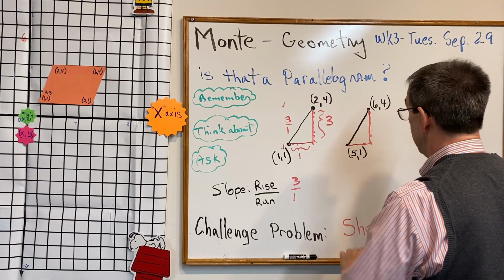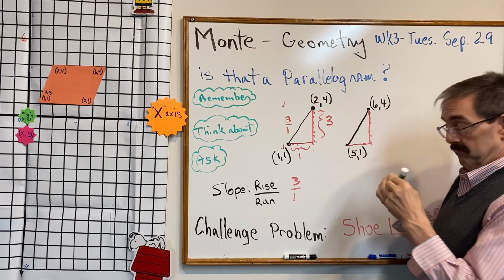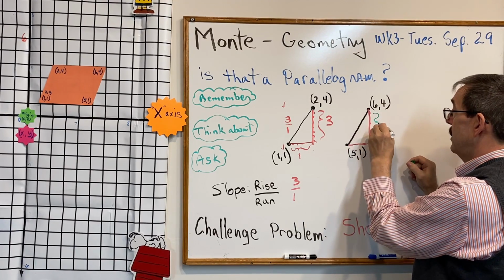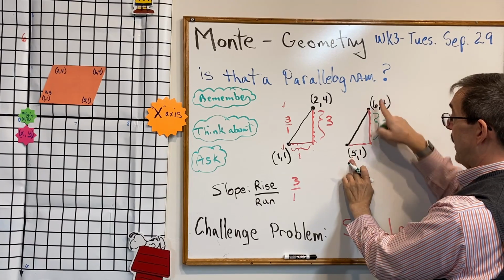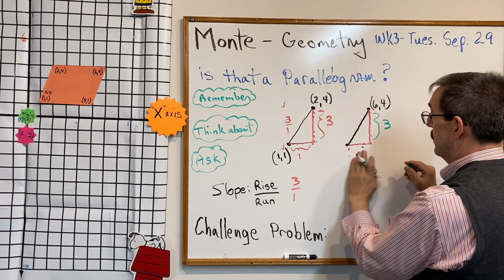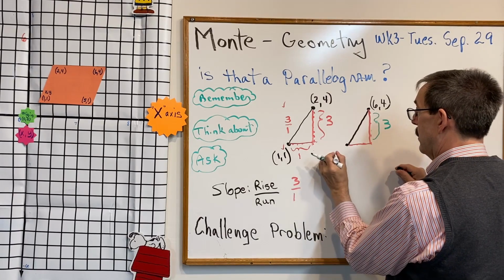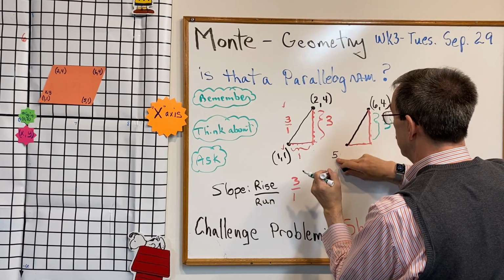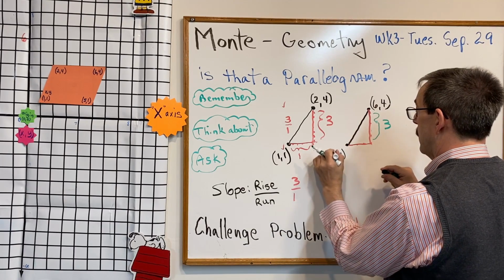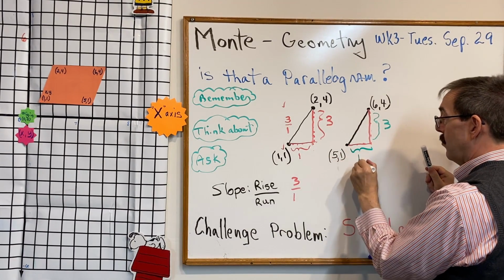Okay, let's do it again. How far from 4 to 1? From 4 to 1 is 3 units. How far from 5 to 6? From 5 to 6 is 1 unit.